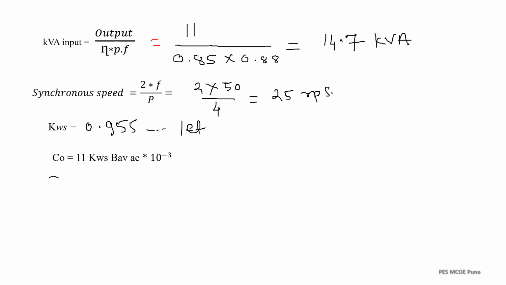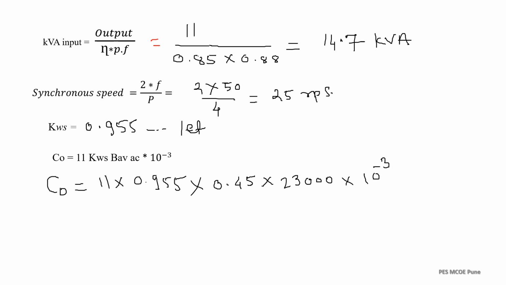So let's start to calculate output coefficient C naught. C naught will be equal to 11 into 0.955 into BAV, they have given BAV, that is 0.45, into 23,000 into 10 raised to minus 3.